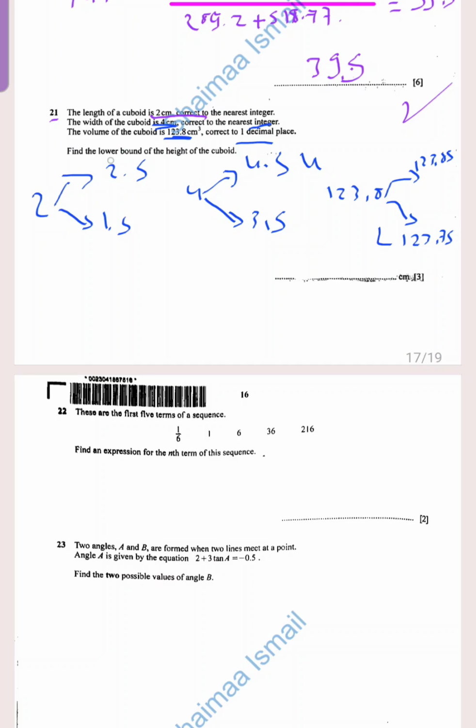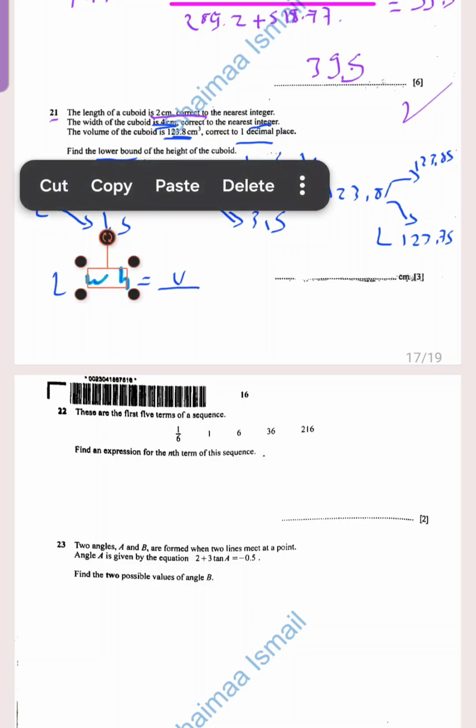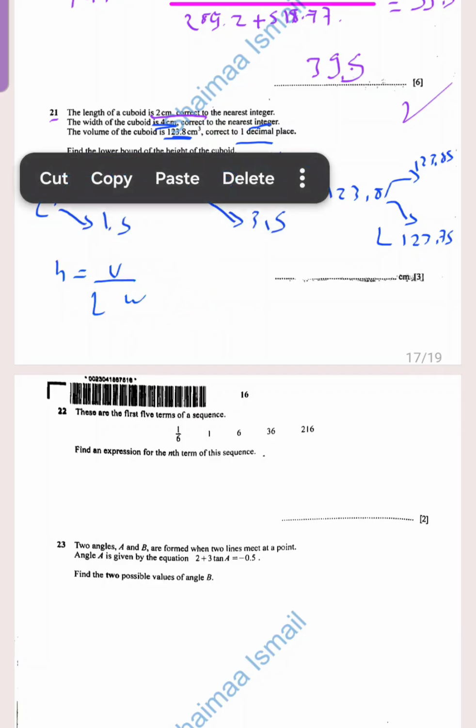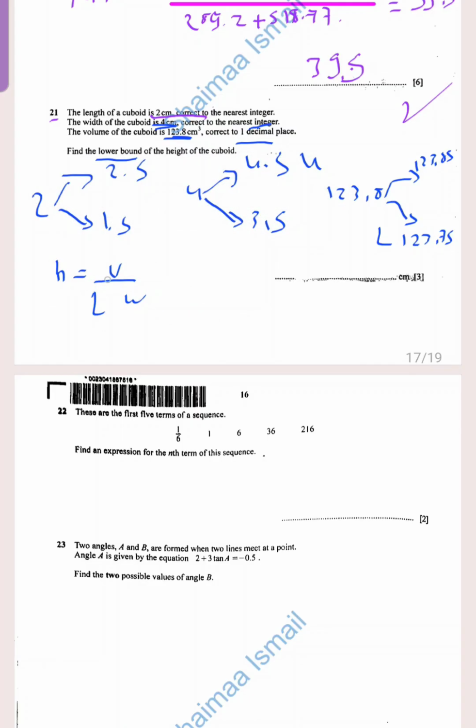Okay, what he needs, find the lower bound of the height. Remember, length times width times height will equal the volume. So the volume dividing by length and width will be equal to the height. So the height here, to get it lower, we have to take the lower bound of the volume dividing by the upper bound here.